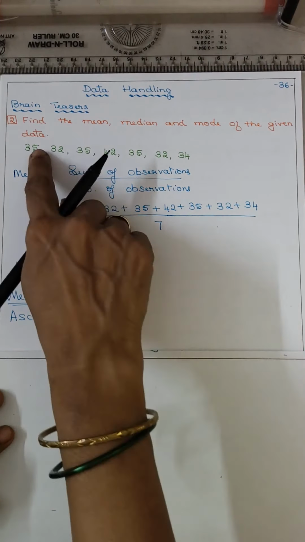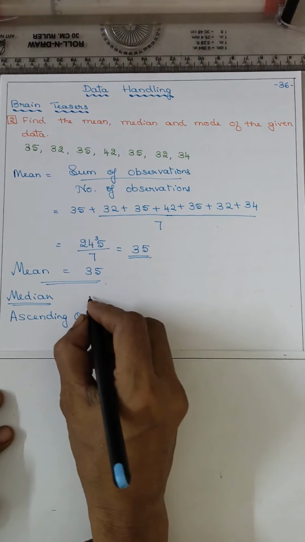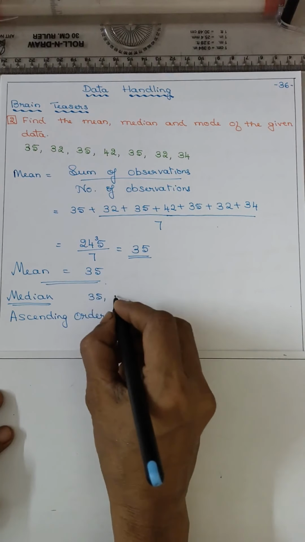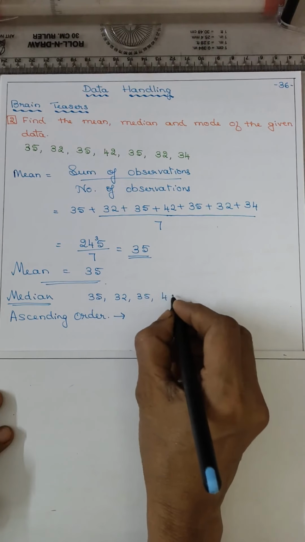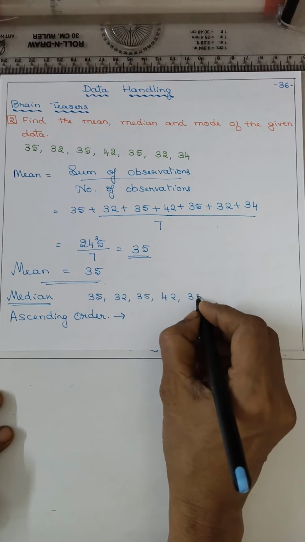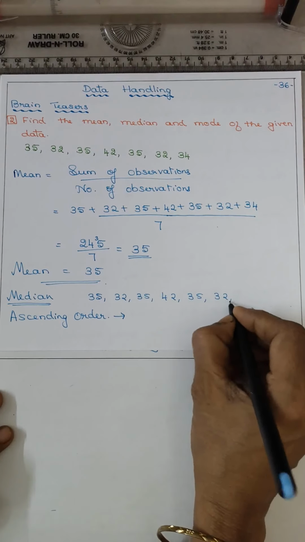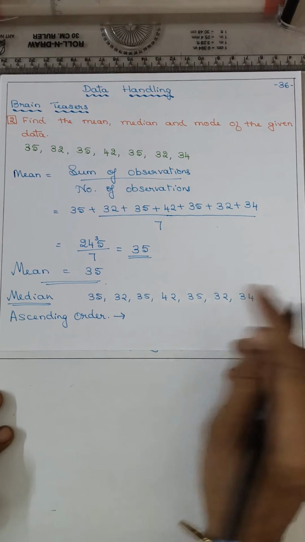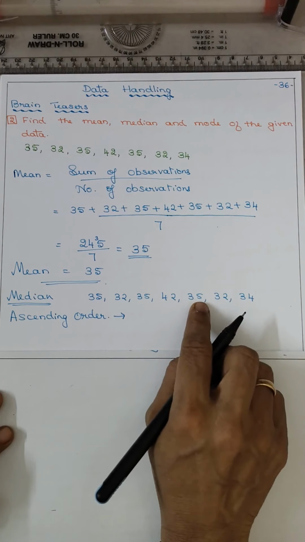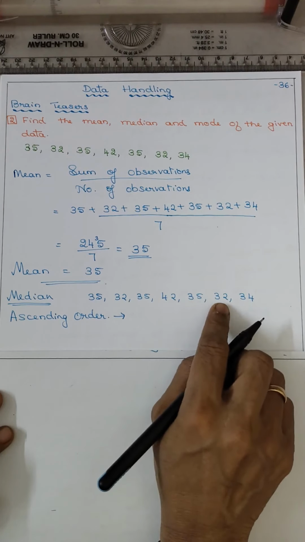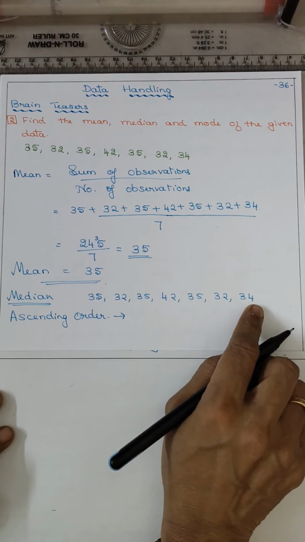Write the question. It is 35, 32, 35, 42, 35, 32 and 34.